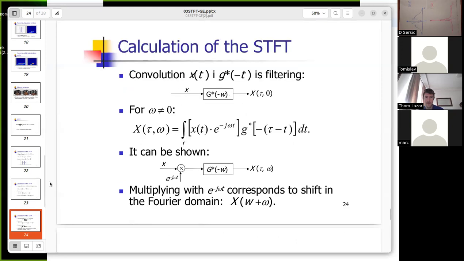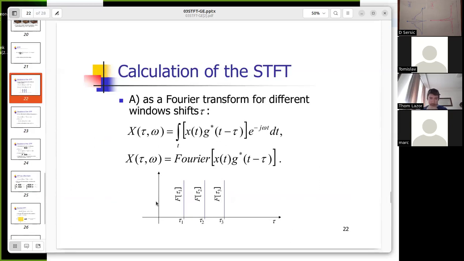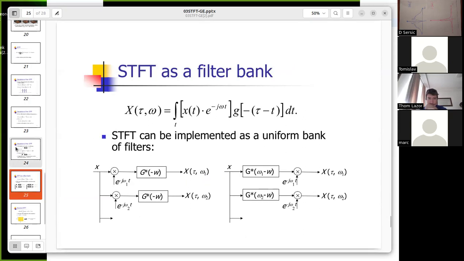On the next slide, we will see that, of course, we are going to choose only a few such frequencies, not all of them. If the first approach was slicing our time frequency plane vertically, now we are slicing our time frequency plane horizontally. On the left-hand side, you can see a bank of filters.